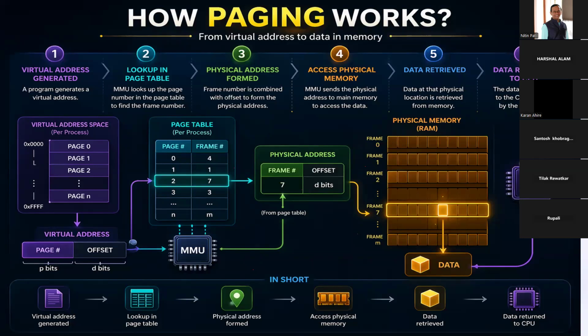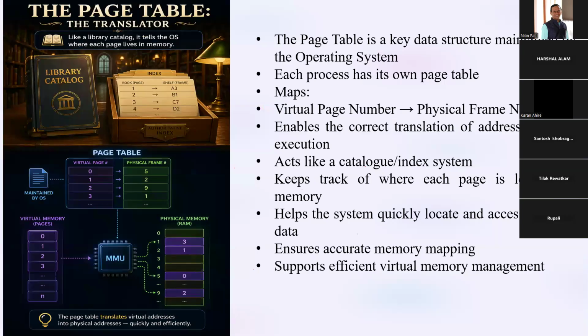While we move forward, one important challenge remains. When memory is full, what happens? Which page should be replaced? Now let us try to understand in a detailed manner what the page table is. The page table, as I stated, is a translator. To make paging work, the system relies on this structure.